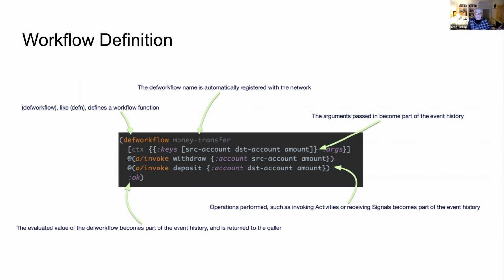I don't have to do anything. The client just calls it with the parameters of natural idiomatic Clojure with a map. The map automatically gets serialized and made part of the event log and passed through a function like this. Likewise, what the function evaluates to is the return value. So on your inputs and outputs, it's basically anything that Nippy can encode, which is, I haven't encountered anything that it can't encode. But I mean, keywords, strings, maps, whatever, in or out, you can do.